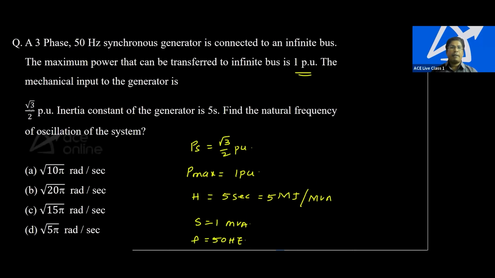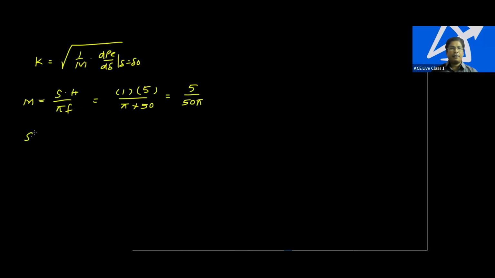The mechanical power input is given as root 3 by 2 per unit, and the maximum power is also given. What is the value of delta naught? Delta naught is nothing but sine inverse of Ps by P max. It is sine inverse of root 3 by 2, with P max given as 1.